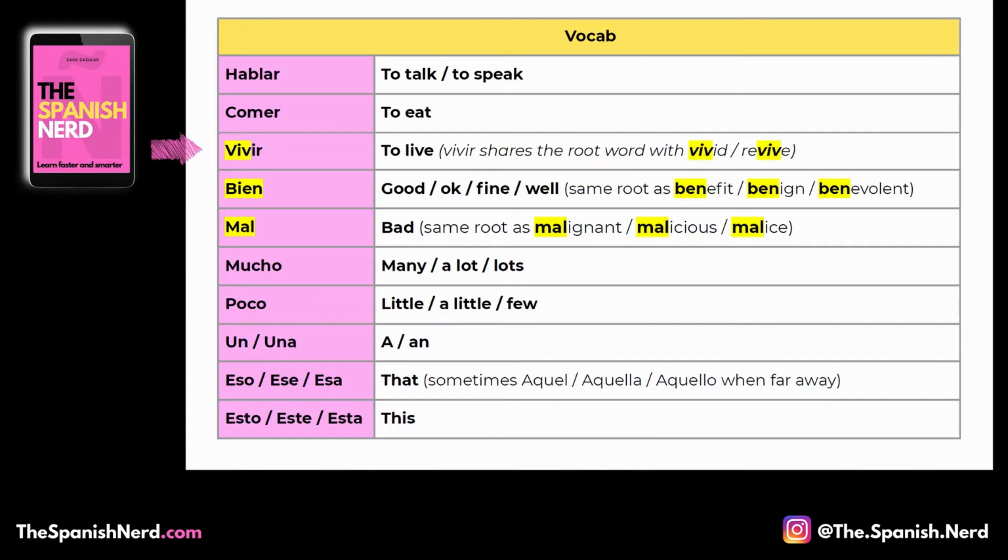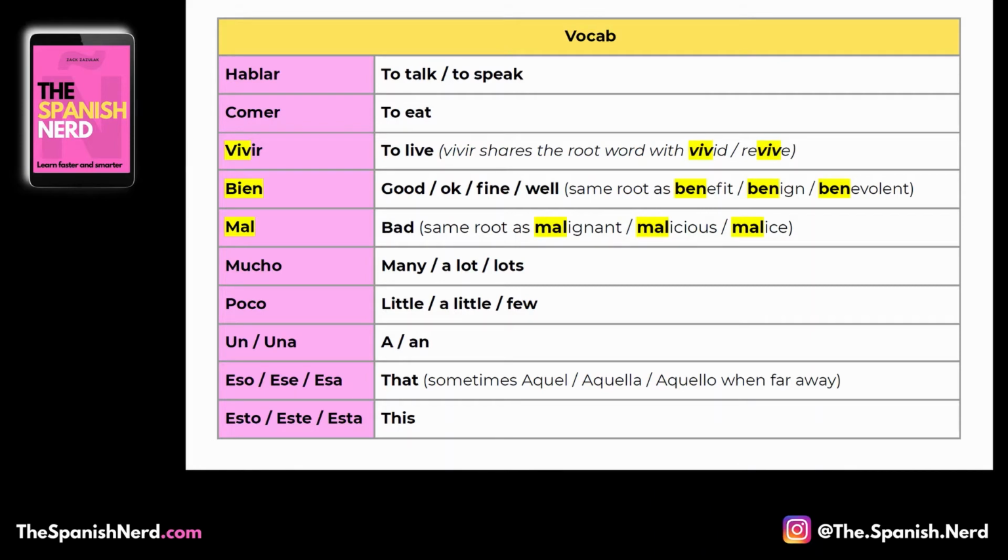Notice that. VIV, VIV, VIV, all across the board there. Think about the concept of vivid. When something is vivid, it comes alive. When you revive something, it once was not living or animated, but you bring it back to life. So conceptually, it's very similar to the meaning to live.